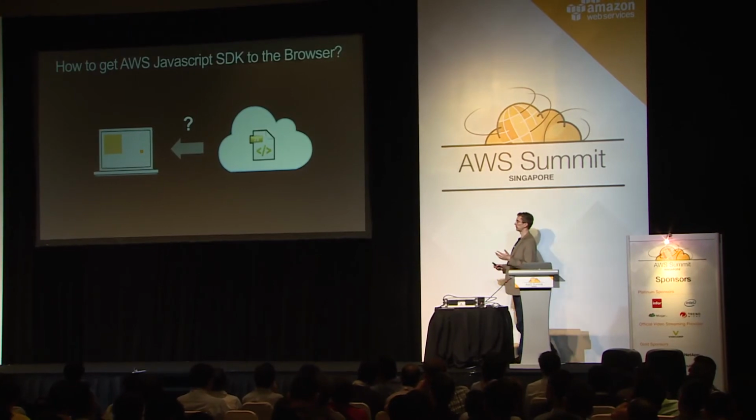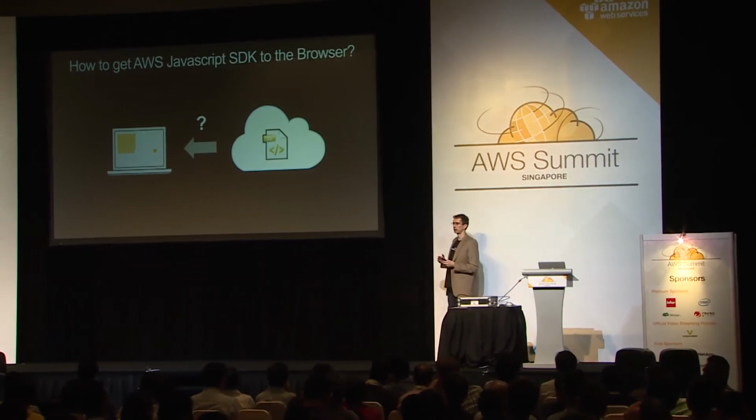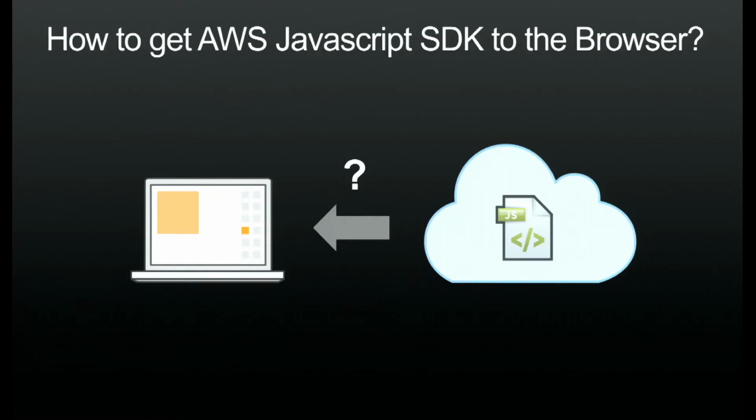So one example is the AWS JavaScript SDK for browsers. That lets your browsers, mobile or desktop, laptop, execute your JavaScript code on the browser and have the AWS libraries to interact with things like DynamoDB, S3, and the rest of the services. How do we deliver your application to the customer in this scenario?